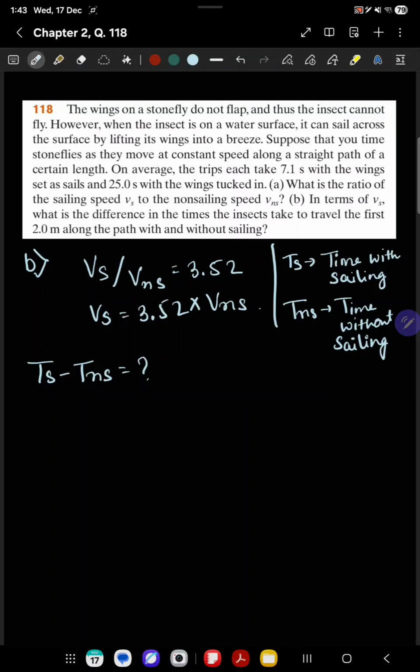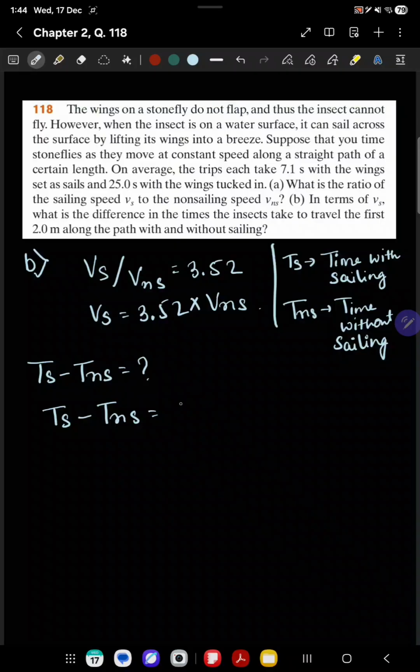Now we can write Ts minus Tns. For Ts we can write it as the distance that it has to travel.